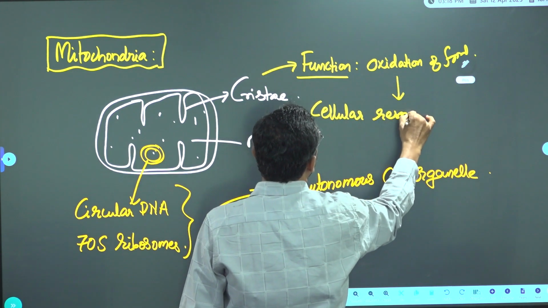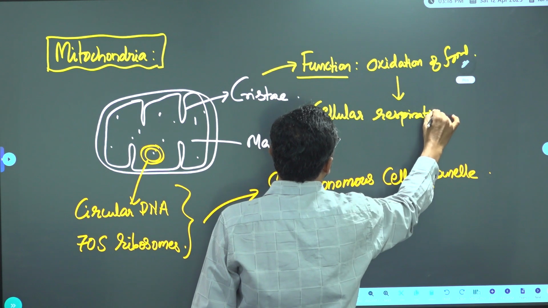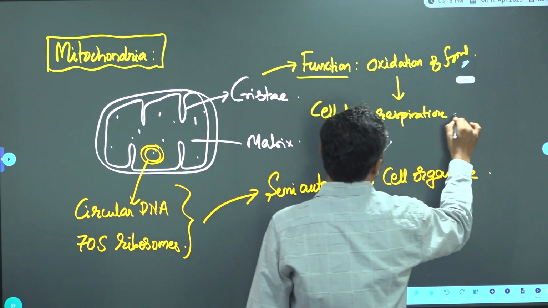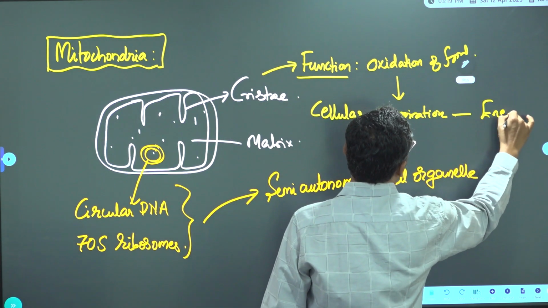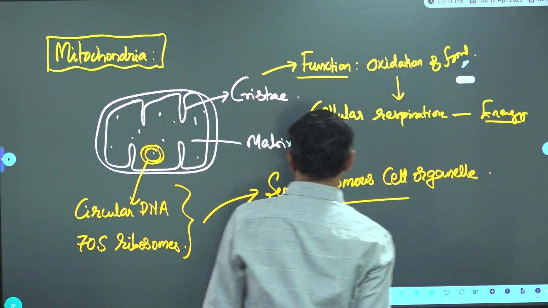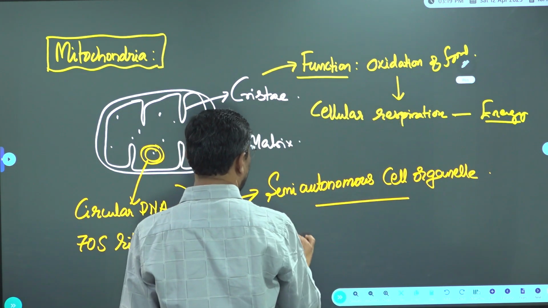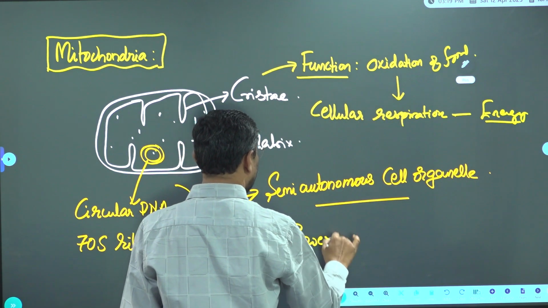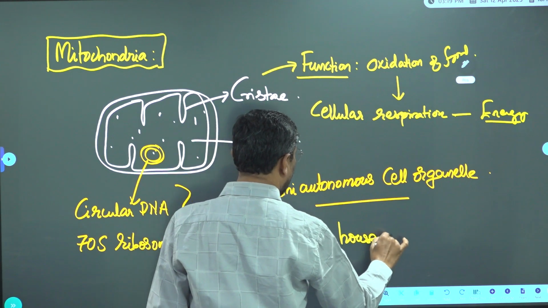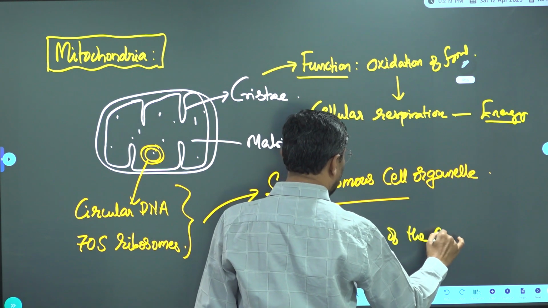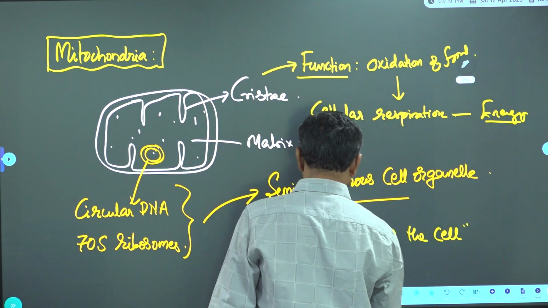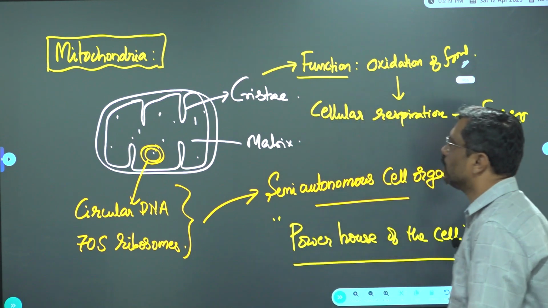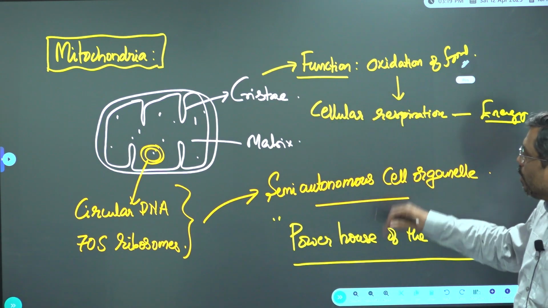It is involved in the cellular respiration process, so it generates energy. That is why the mitochondria is considered the powerhouse of the cell. You remember this terminology, powerhouse of the cell. This is important.